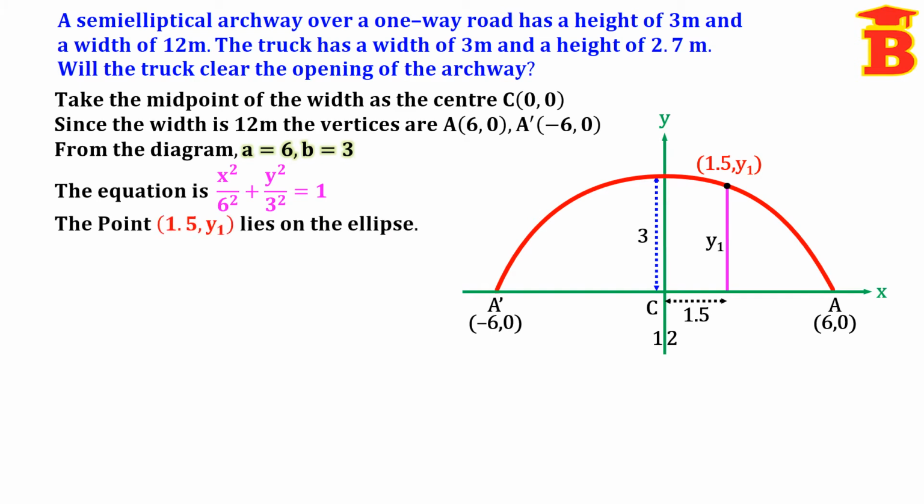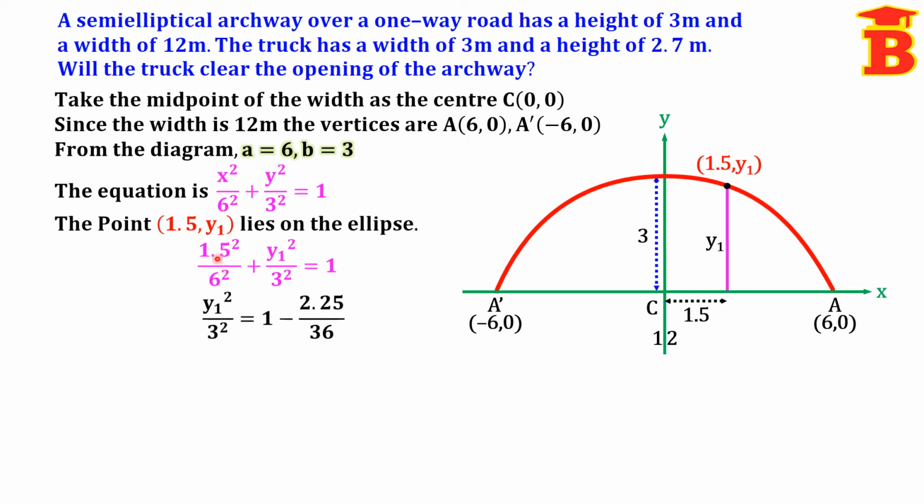Now the point (1.5, y1) lies on the ellipse. Therefore we can substitute this point. Here x value is 1.5. So 1.5 squared divided by 6 squared plus y is y1, y1 squared divided by 3 squared equal to 1.